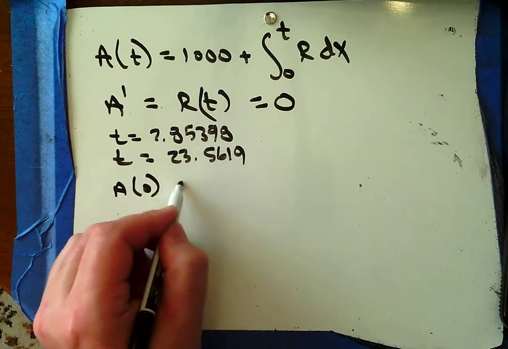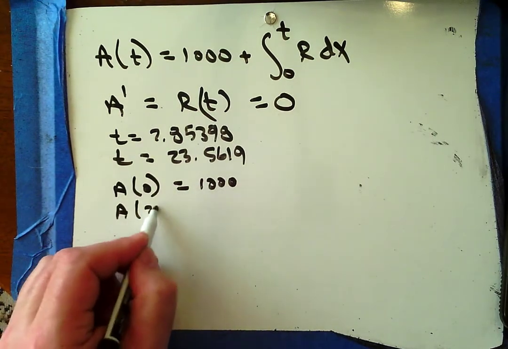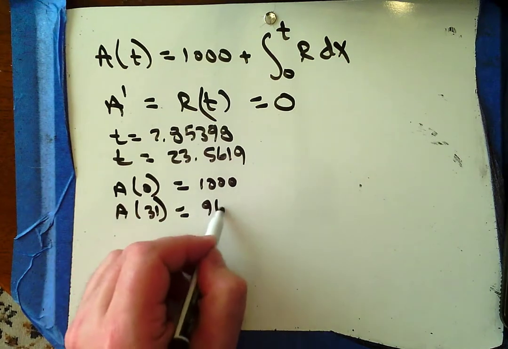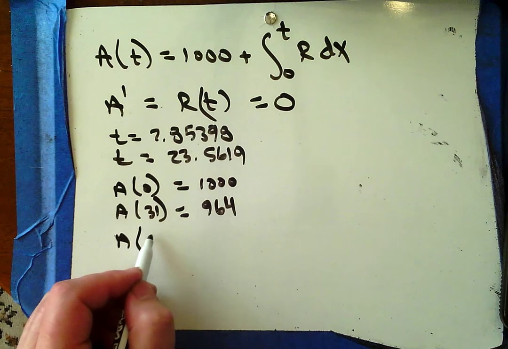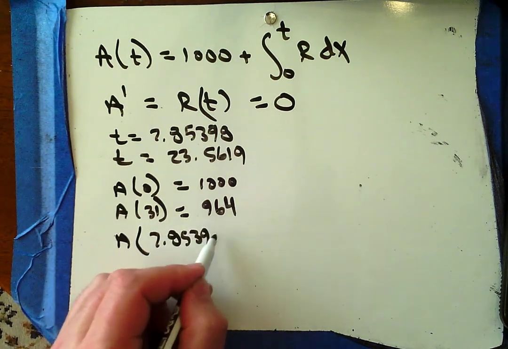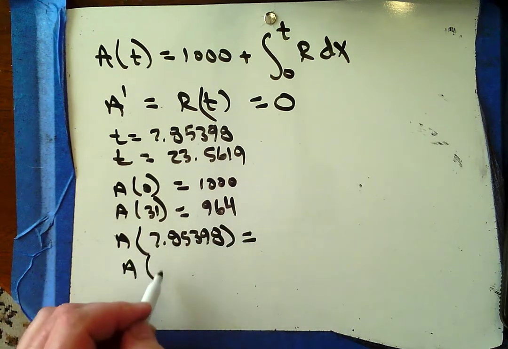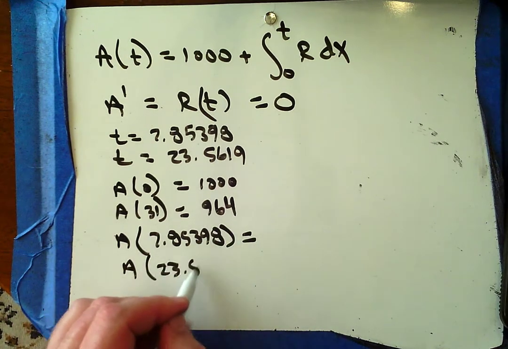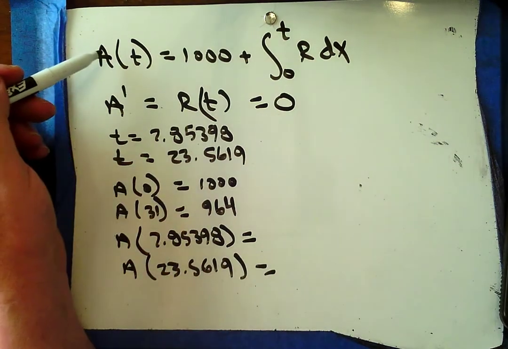A of 0 is 1,000, and A of 31 equals 964. We found those out already. But we also need A of 7.85398, and we need A of 23.5619. And remember, this is our A function.